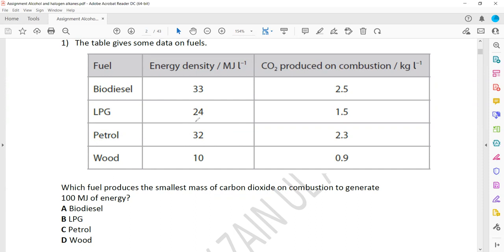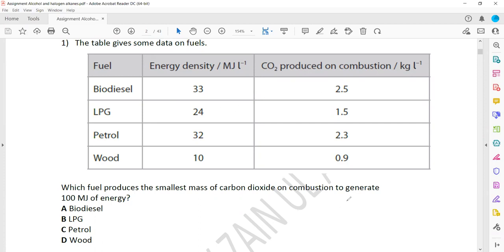So as you can see, 33 megajoules of energy is produced per liter, and when we produce 33 megajoules of energy from 1 liter of the fuel, it releases 2.5 kilogram of carbon dioxide. So we'll check the ratio.